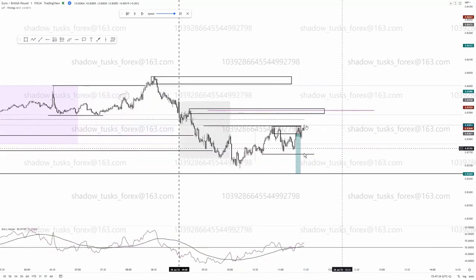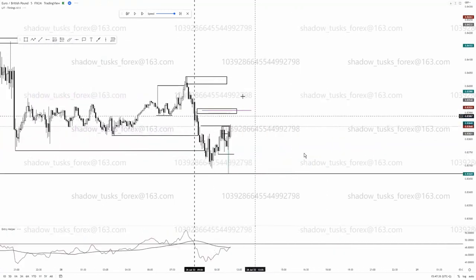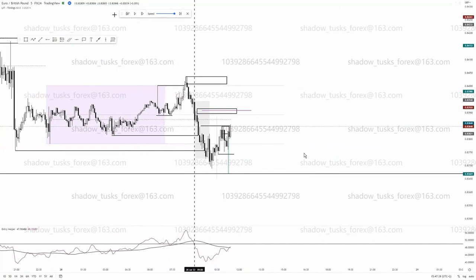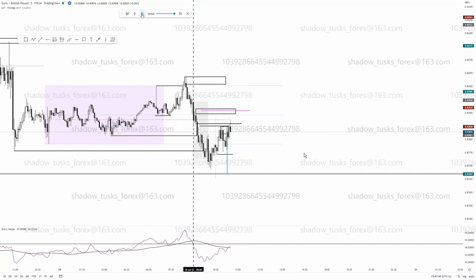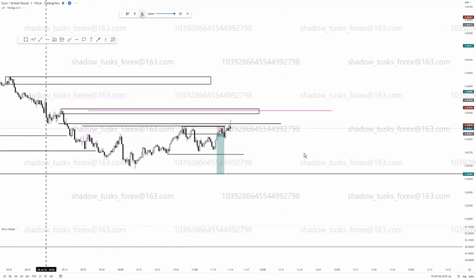And we're starting to go up. The only thing is, this would be my limit, but I'd understand that we can react from the M5 zone itself. Okay, let's check this out.